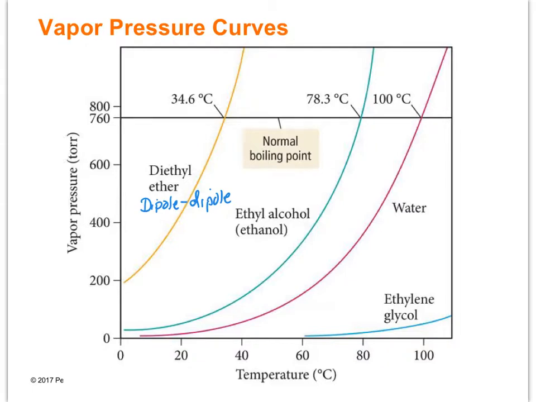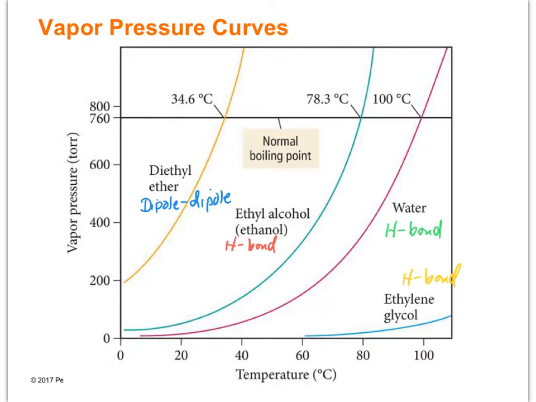If we look at ethyl alcohol, it can hydrogen bond, but it can only donate one. If we look at water, it can hydrogen bond, but it can both donate and accept two. And if we look at ethylene glycol, it can hydrogen bond even more strongly.